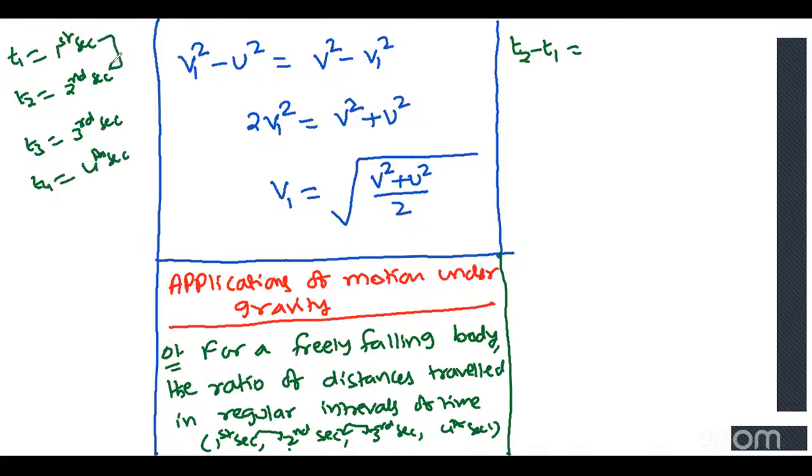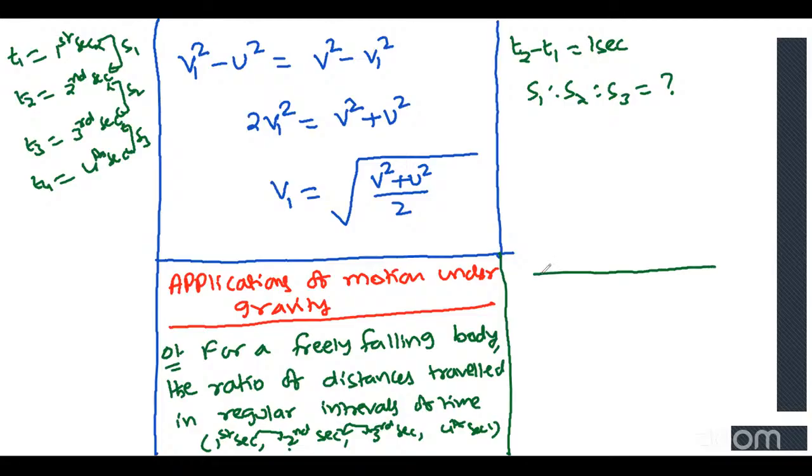In this time interval, distance traveled is S1, S2, S3. That means I need to find S1 is to S2 is to S3. This we need to find.